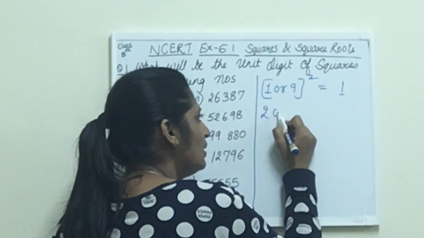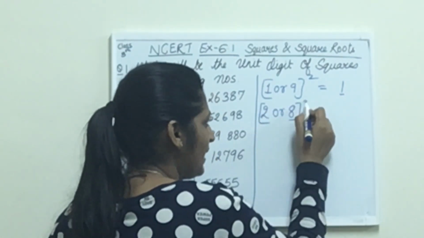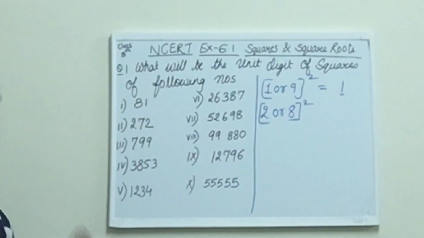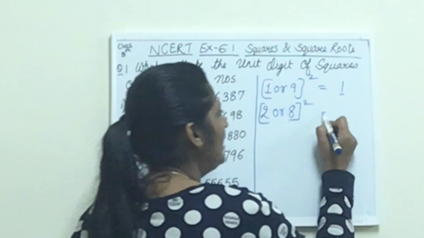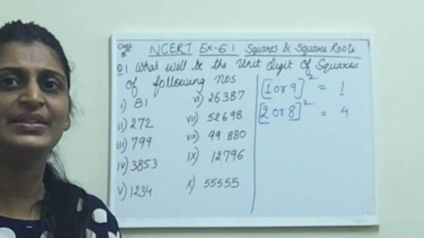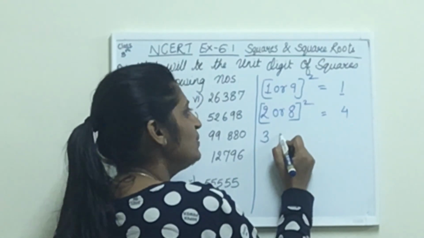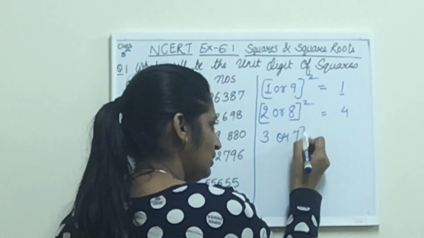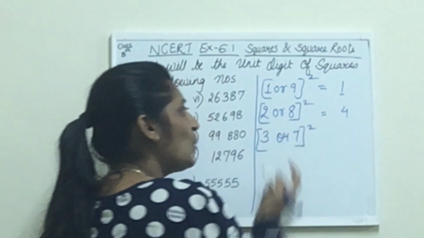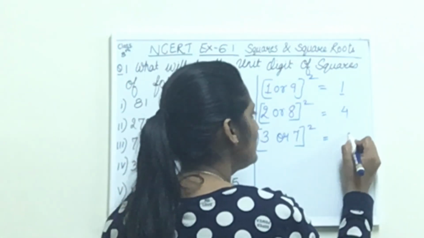If any number ends with 2 or 8, the square of that number will end with 4. Any number which ends with 3 or 7, the square of that number will always end with 9.